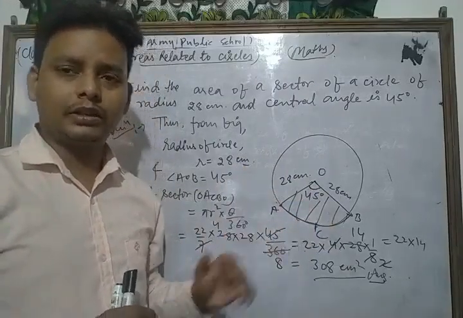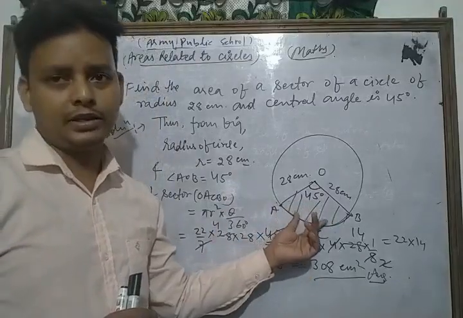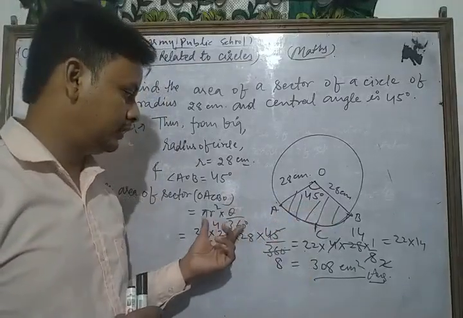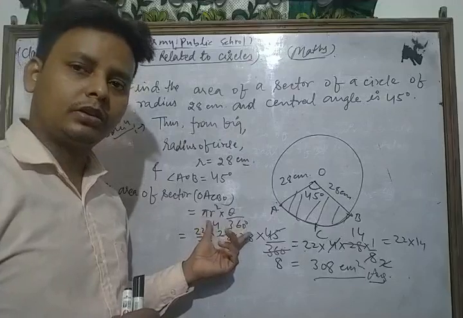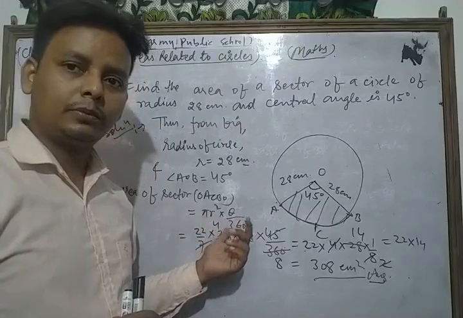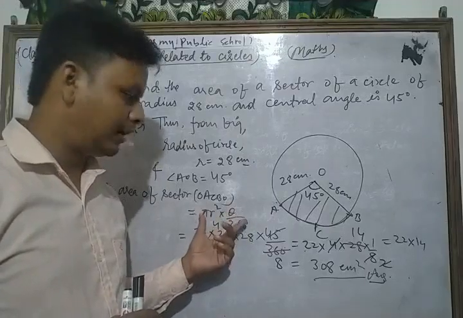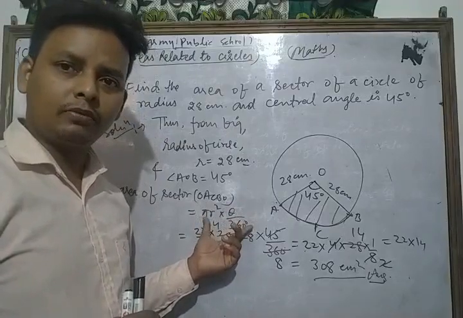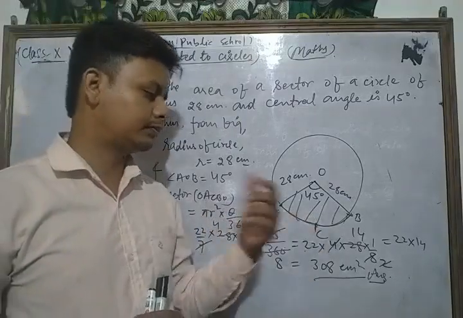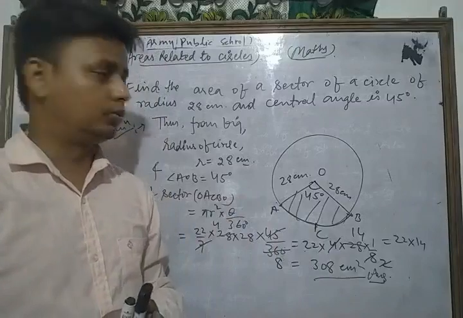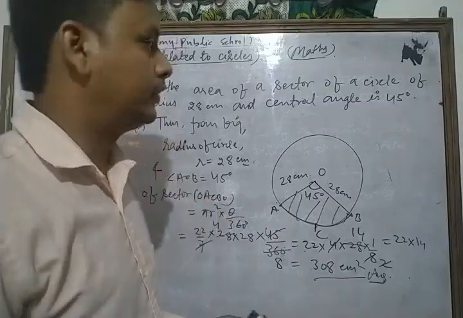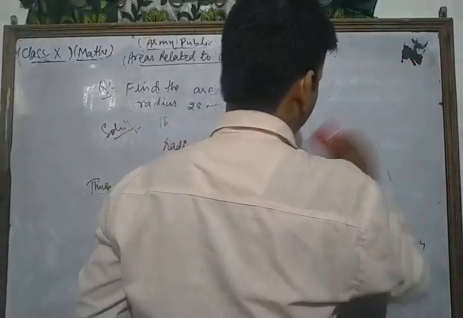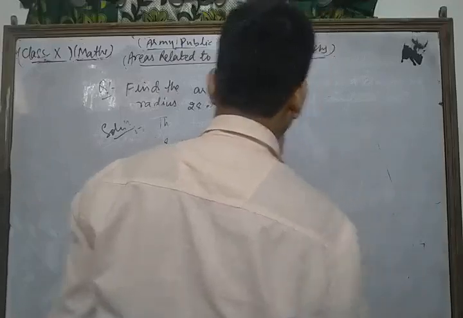So according to that concept, we find the area of sector by using the formula pi r square theta upon 360. We put the values in that formula, and after simplifying them we get our result. So in this way you can solve each and every question of your NCERT exercise based on these topics.